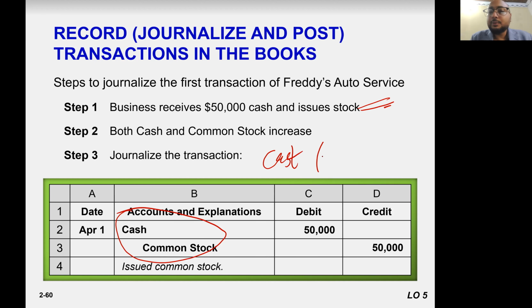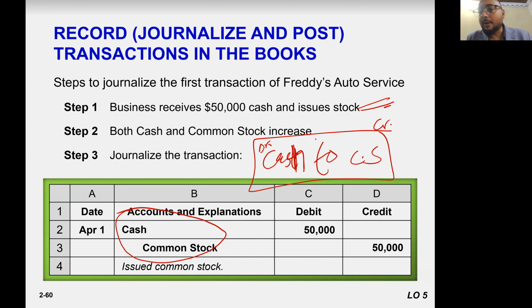Cash to common stock. The first one here is debit. The next one after "to" is the account that is credit. Cash to common stock 50,000.